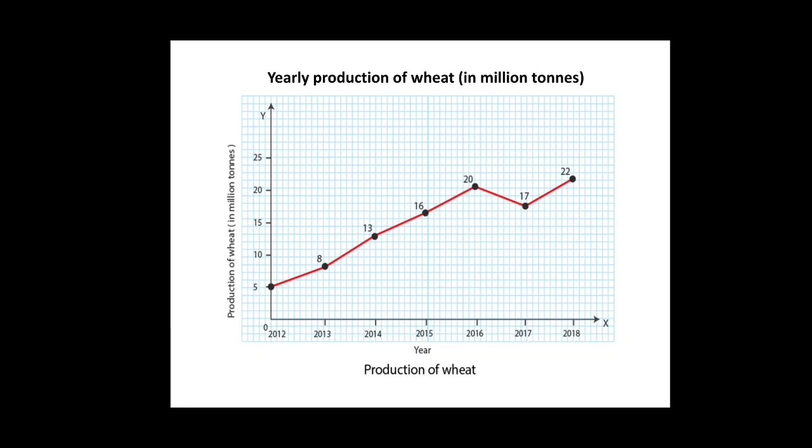Now mark different pointers on the graph indicating values of production corresponding to different years. Finally, join the pointers to get a one variable time series graph as shown in this figure. This line graph here shows the behavior of production of wheat over different years.